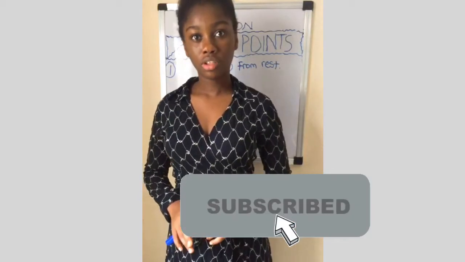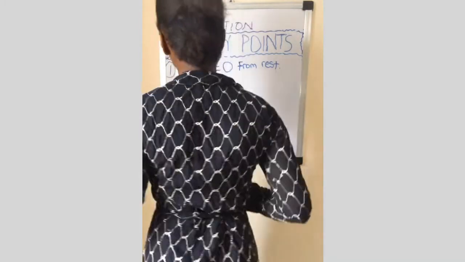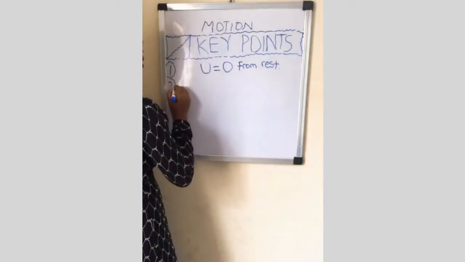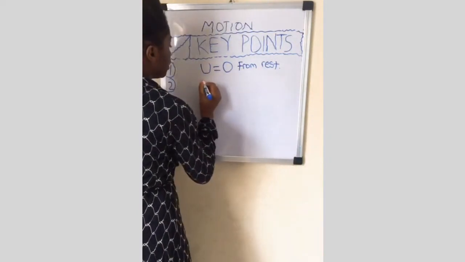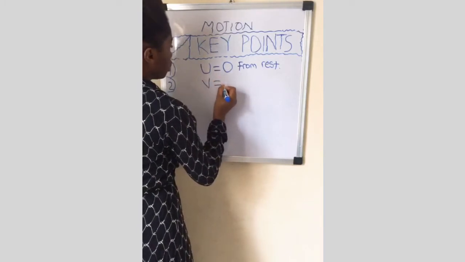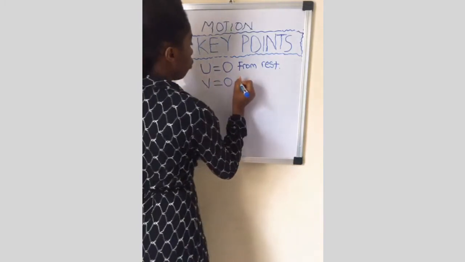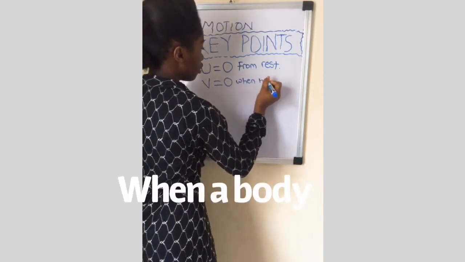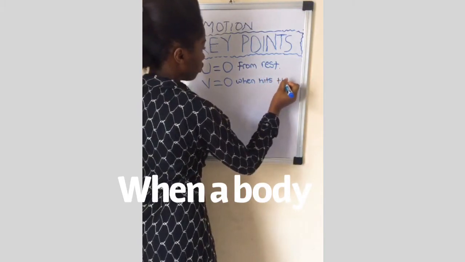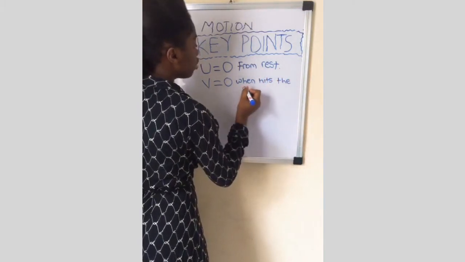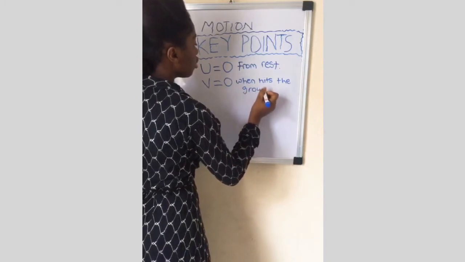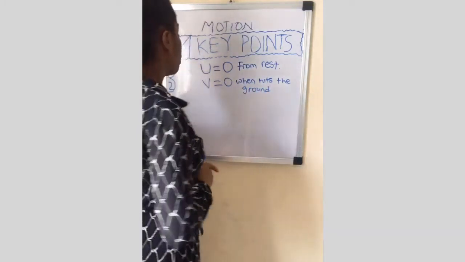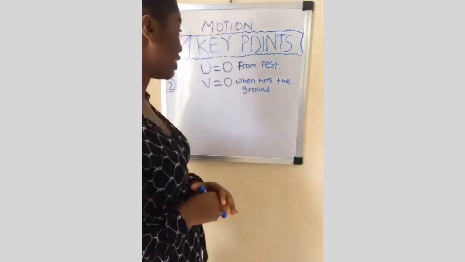Point 2. When the body hits the ground, or when the body falls on the ground, the final velocity is equal to 0. And remember I told you v denotes final velocity. So v equals 0 when the body hits the ground.